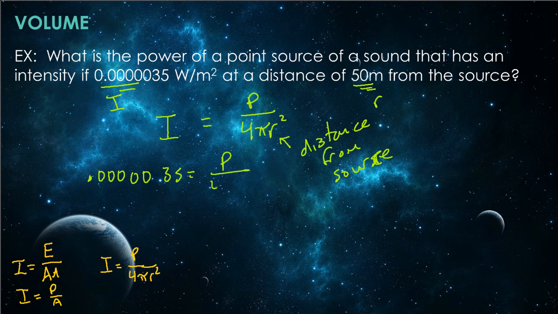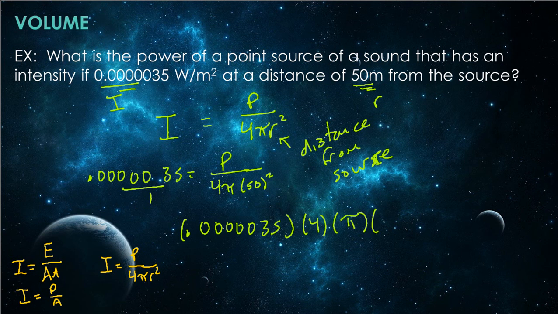power, that's what we're looking for. 4 pi r squared, that's going to be 50 squared. And then we could cross multiply right here, and that'll help us get this. So in the end, we're going to get 0.00035 times, when we cross multiply, 4 times pi times 50 squared.